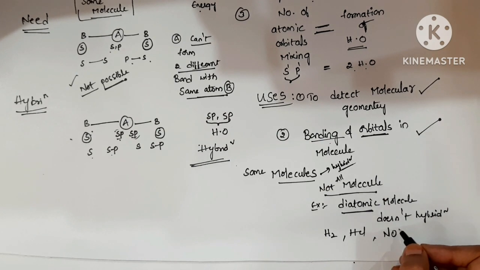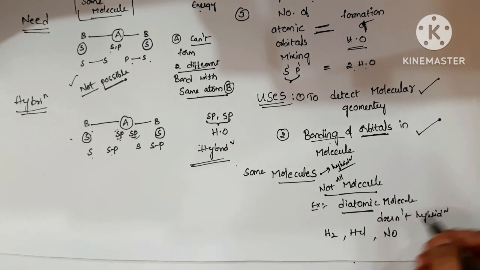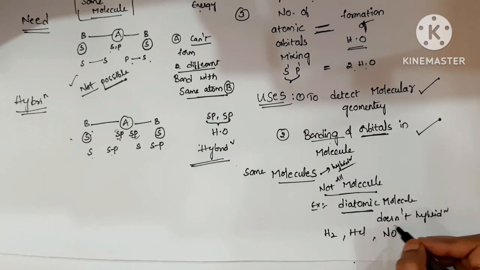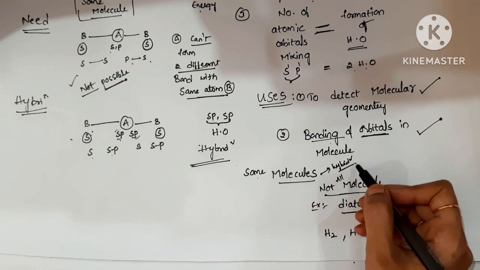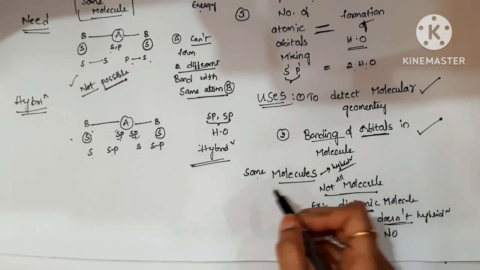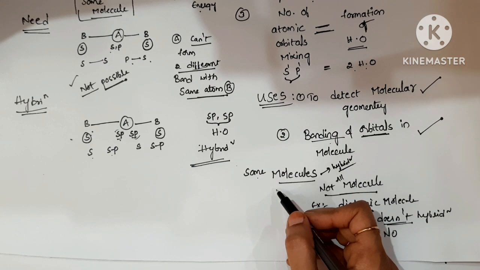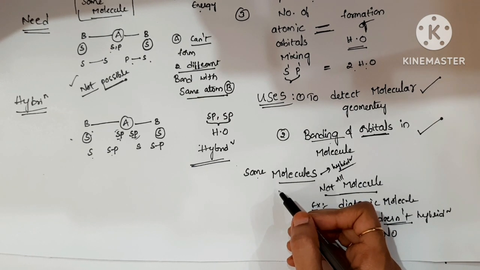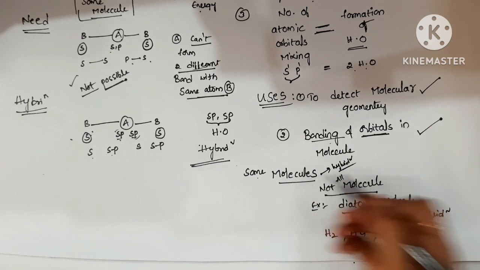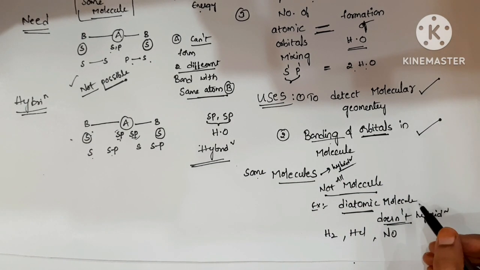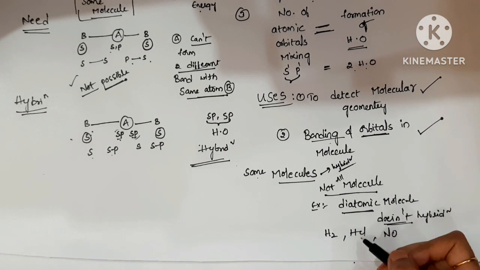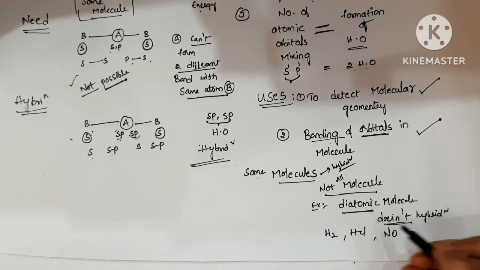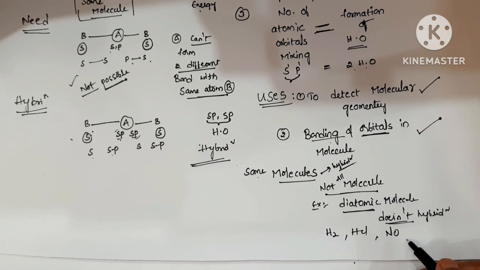All these are diatomic molecules, right? So these diatomic molecules do not undergo hybridization. We can find out whether a molecule undergoes hybridization or not. So examples for those that do not undergo hybridization: H2, HCl and NO.